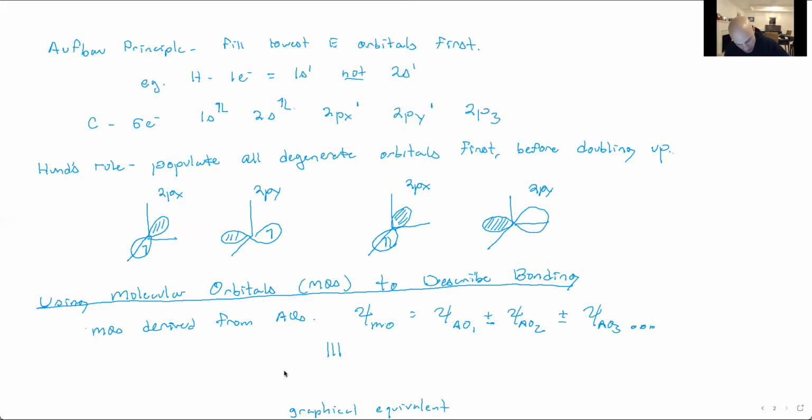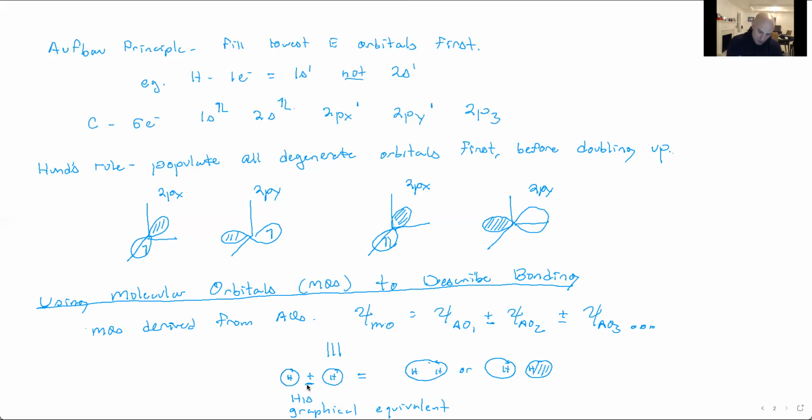So, for H1s, for the H1s orbital, I can combine them in two ways.